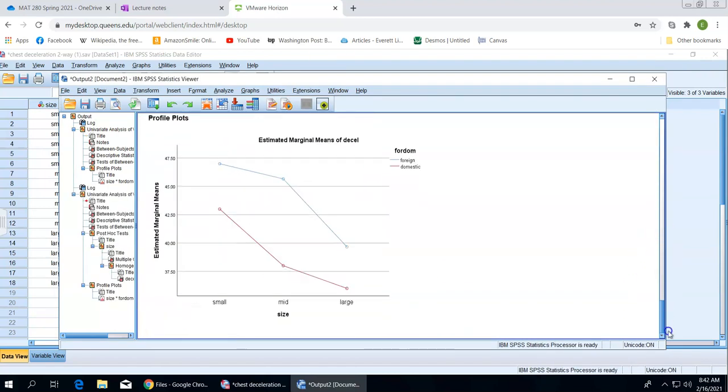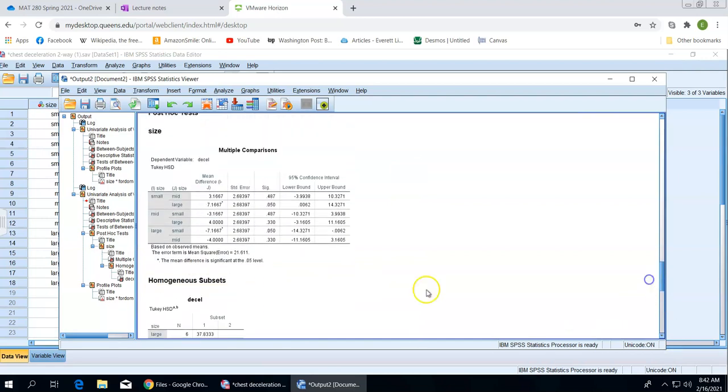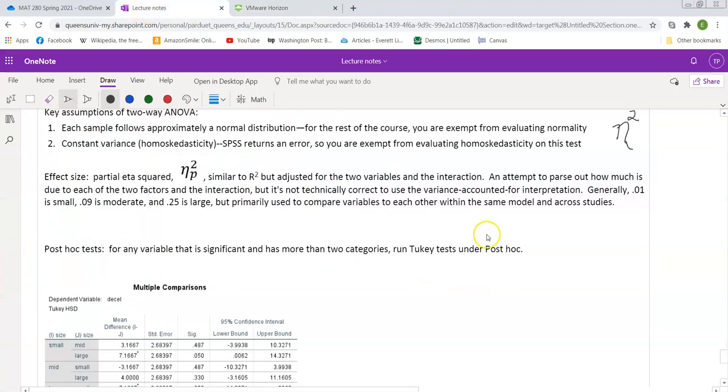And it's going to give us something very similar to what we had before. There it is, these multiple comparisons, which I've got over here.